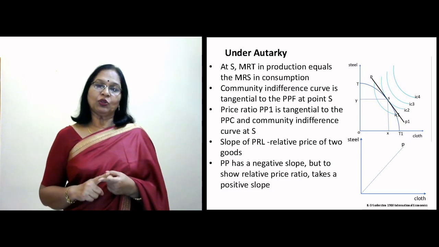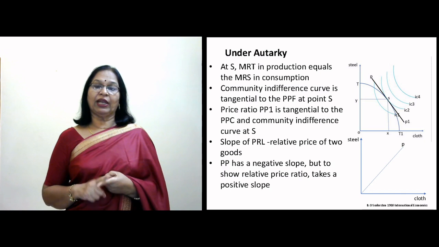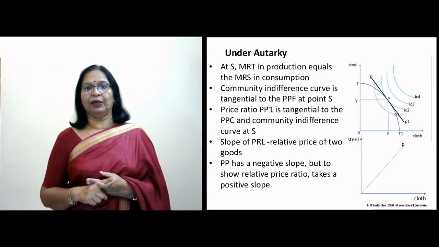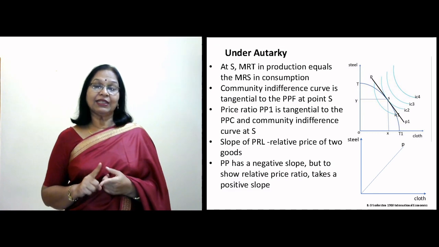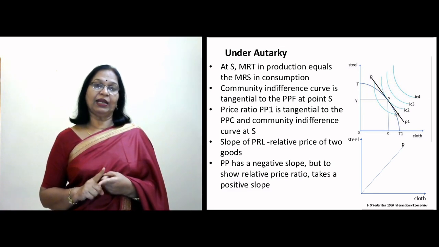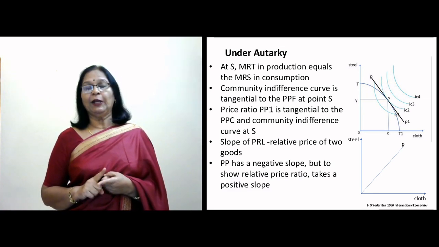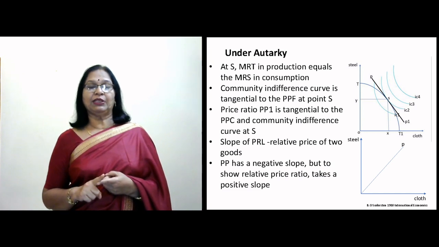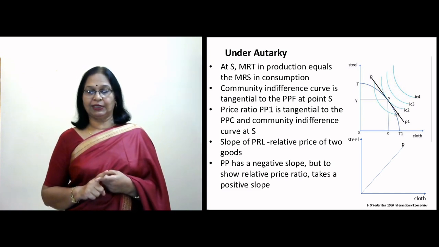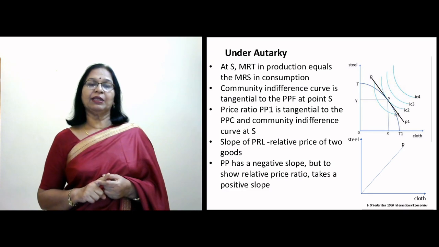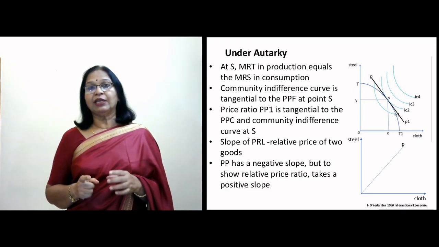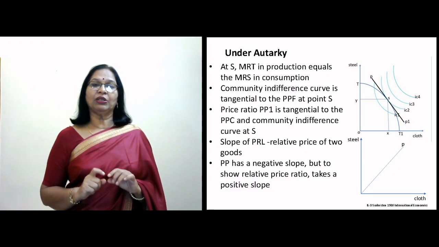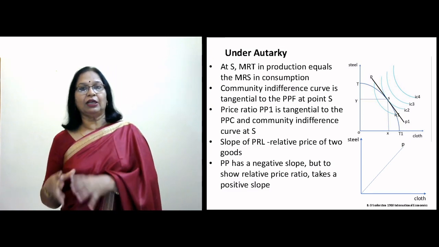Now, we will also introduce the price line or the exchange ratio into the same diagram. This exchange ratio is PP1, and this exchange ratio or price line is tangent to the production possibility curve also at point S. So at point S, the marginal rate of transformation in production is equal to the marginal rate of substitution in consumption.